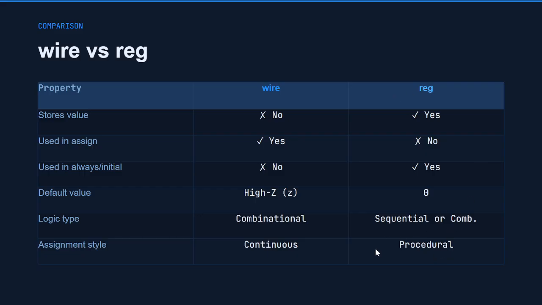That's why it's called procedural. First the a is 0, b is 0 procedure is done, then the a is 0, b is 1 procedure will be undergone. So that's how reg works. This is the main comparison of wire and reg. I hope you got clarity on wire and reg.